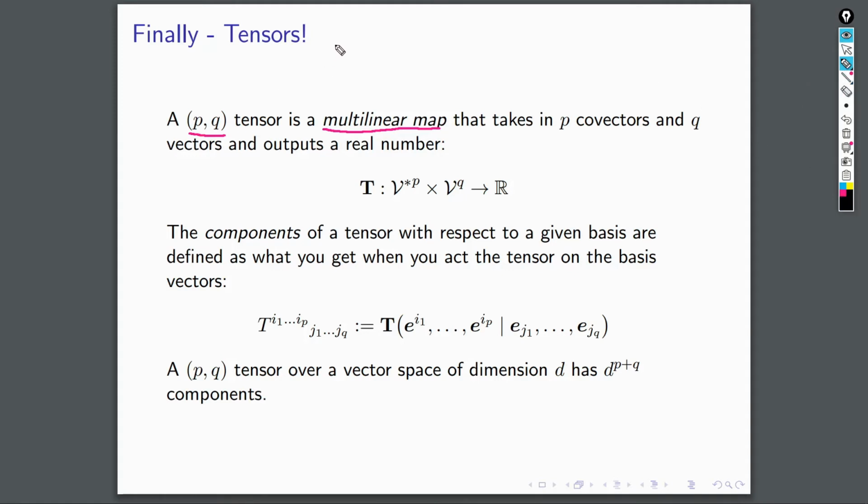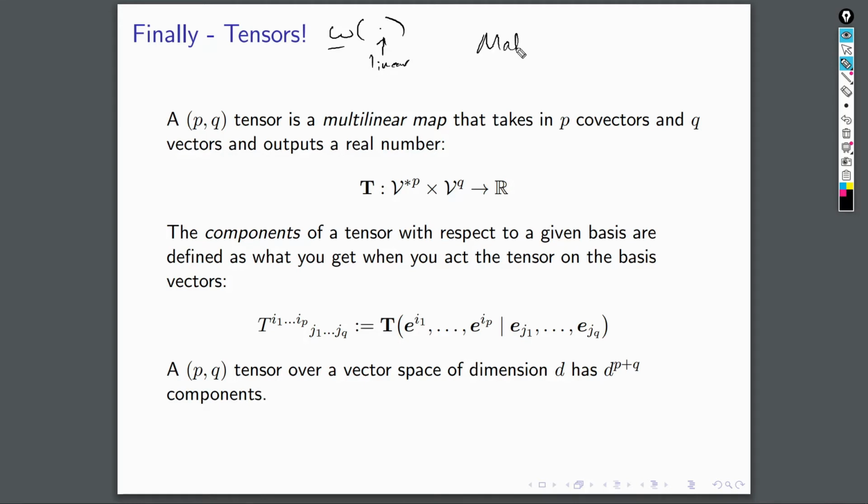So the covector takes in one vector, and linearity in this case meant that omega of lambda v is equal to lambda omega of v, and omega of u plus v is omega of u plus omega of v, right? So the omega was linear in its first argument.